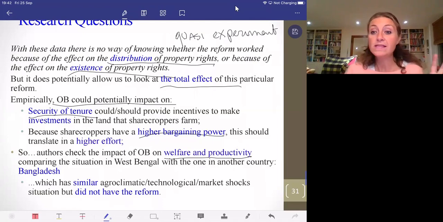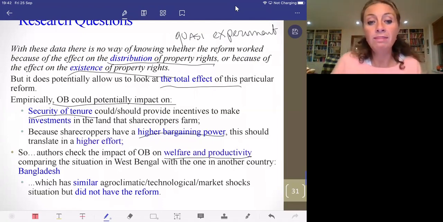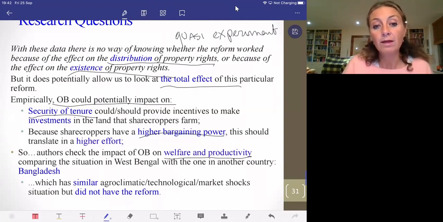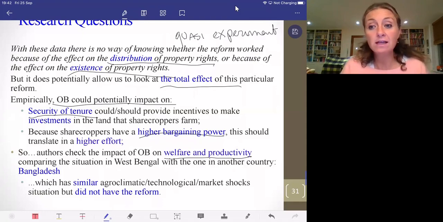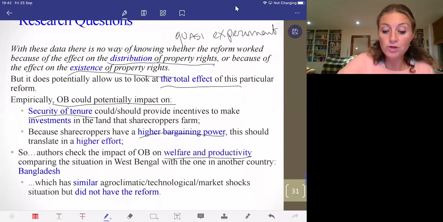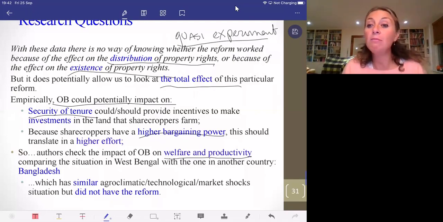Think about what we said last week. The idea is that you have to find another group, another setting, as similar as possible to the one they are considering, West Bengal, where the reform was not implemented, so that they can approach the data coming from these two areas as a natural experiment, quasi-experiment, and therefore compare the productivity in both regions.